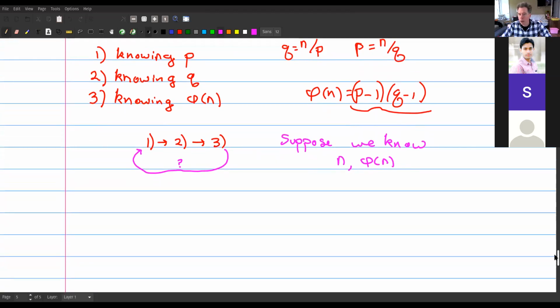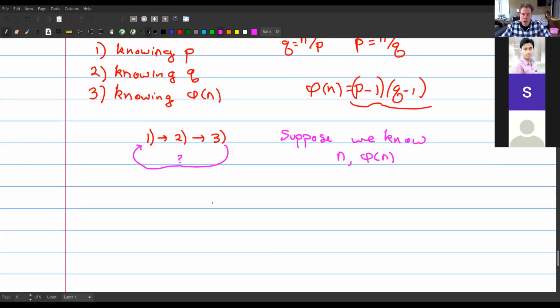I can write down a couple of equations. I can write down the equation phi of n is equal to P minus 1 times Q minus 1. And I can also write down the equation n is equal to P times Q. Both of those are true statements. Now, in this ugly orange color, I'm going to circle all the known terms.